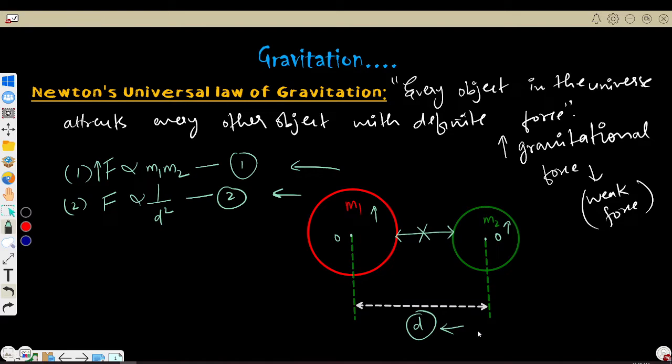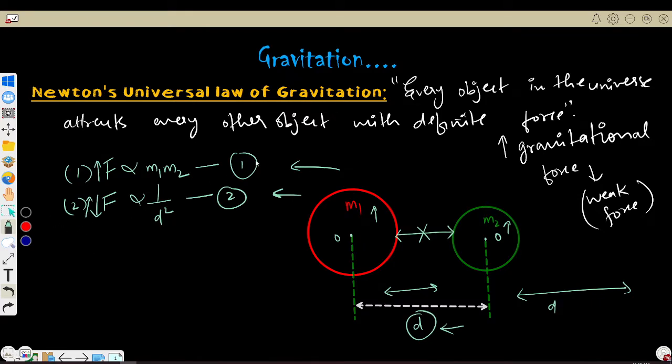So what it means, if I increase the distance between them, the magnitude of this force will decrease, and vice versa. If I reduce the distance, then the magnitude of this force will increase. I hope the relation is clear to you.